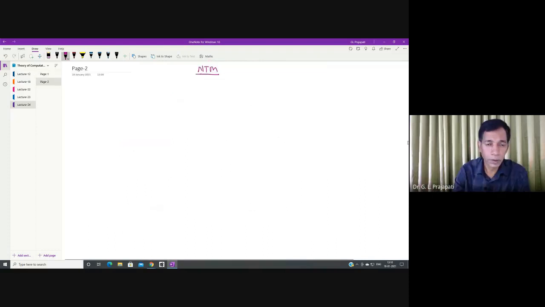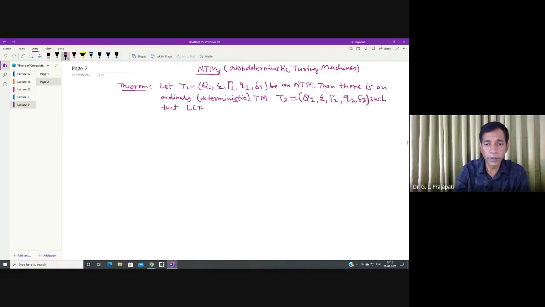is accepted. So there is a theorem: the language accepted by T2 is the same as the language accepted by T1. The theorem says that whenever you have a non-deterministic Turing machine T1, then there is an ordinary, meaning deterministic, Turing machine T2 such that the language accepted by the deterministic Turing machine is the same as the language accepted by the non-deterministic machine.